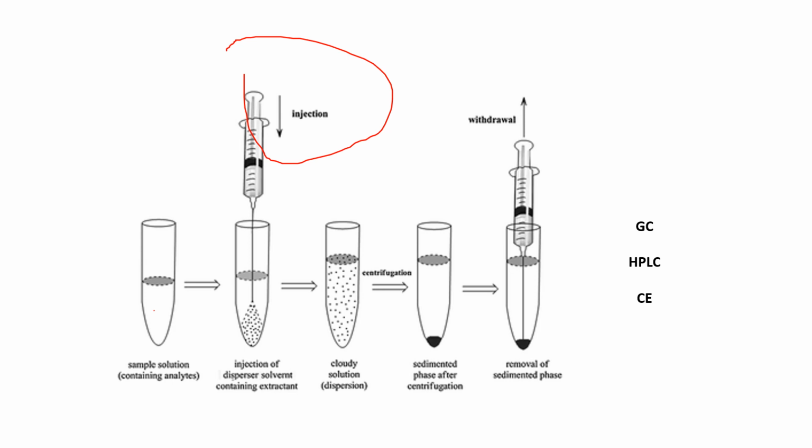For example, if your extractant is dodecanol, your disperser solvent is something that can make droplets or a cloudy solution out of the extraction. So in this case, you can select acetonitrile combined with the extractant, for example dodecanol. Why dodecanol? Because dodecanol is an alcohol containing 12 carbons, right?